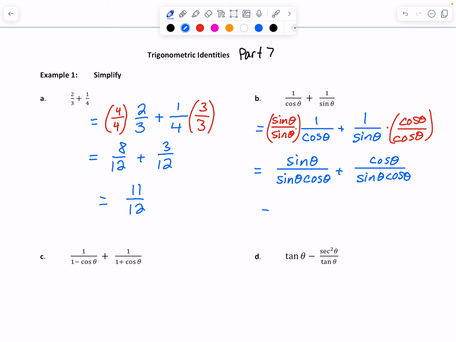Now I have a common denominator, so I can add them. This one isn't going to simplify at all. I get sine theta plus cosine theta over sine theta cosine theta. So we're going to be adding fractions quite a bit in these problems. So we need to be able to get a common denominator and add them together like that.